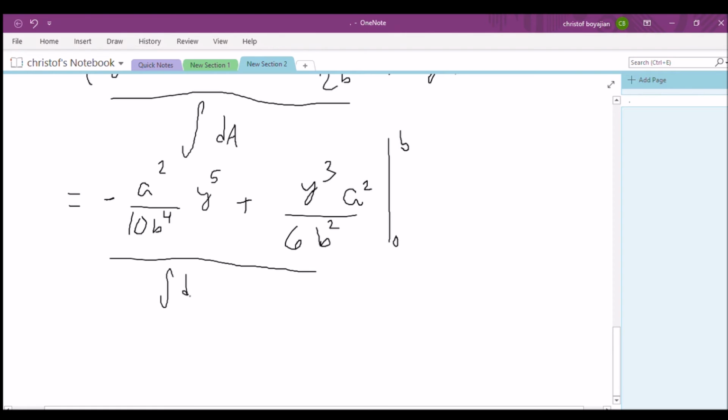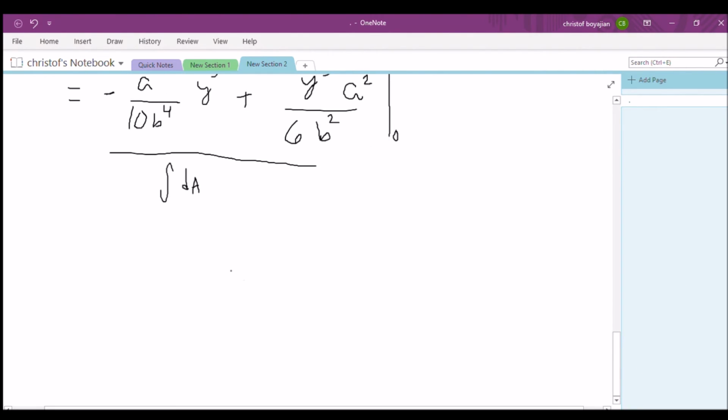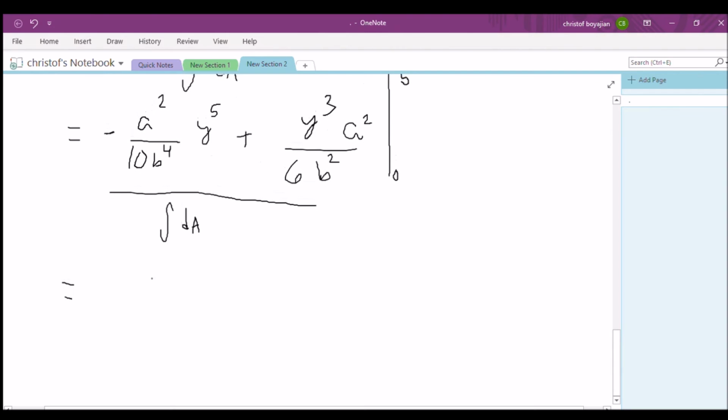Okay, we're almost done. All right, now let's just plug and chug here. We plug in y equals b. So we should have a squared times b to the fifth. Now b to the fifth over b to the fourth just simplifies to b. So I'm just going to leave it as a squared b in the numerator over 10 plus, now if I plug in b here into y cubed, it's going to be b cubed over b squared.